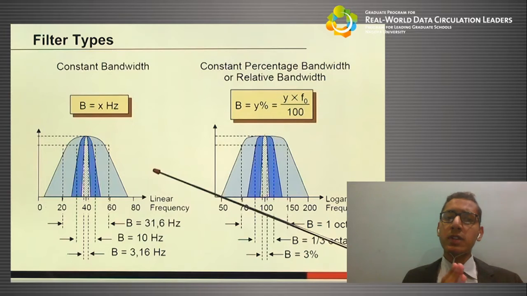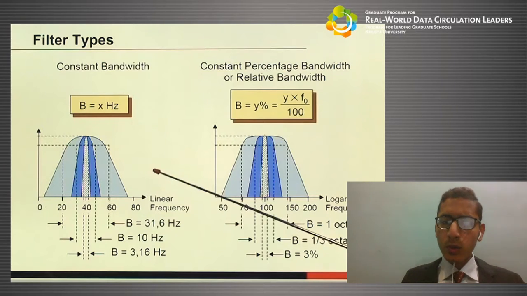We have filter types of constant bandwidth and filter types of constant percentage bandwidth or relative bandwidth. In the constant bandwidth, we focus on the bandwidth, that is the frequency which is obtained in hertz. We focus on 3 to 16, and then b is equal to 10, and then b is equal to 31.6.